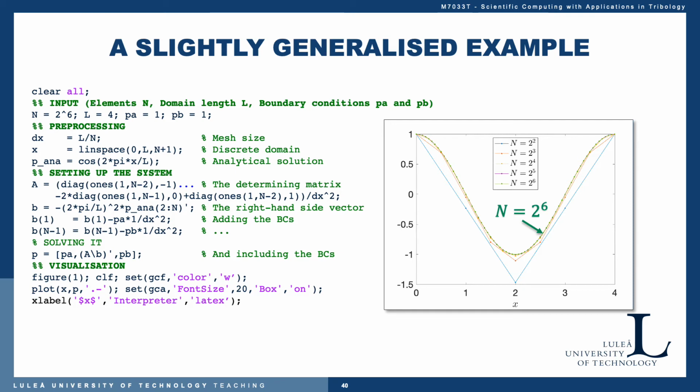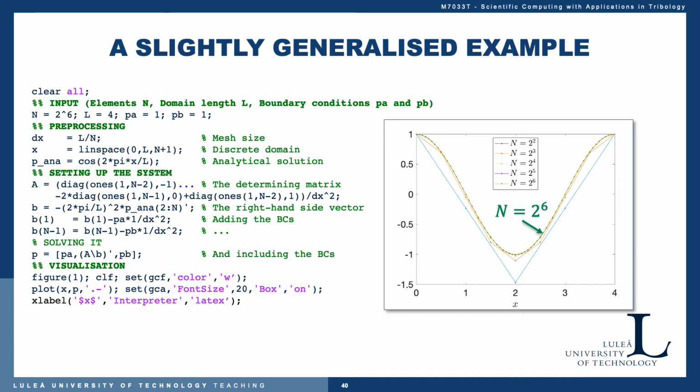And here you can see a few different results obtained with different numbers of nodes. When we had 4 elements, you get these 3 solution values plus the boundary conditions. So 5 nodes in total, but only 3 that we solved for.